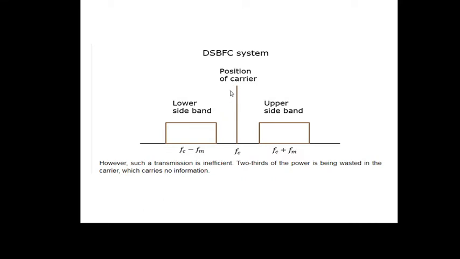So we can see the double sideband full carrier system. The center position consists of the carrier frequency, the lower sideband consists of FC minus FM, and the upper sideband consists of FC plus FM, where FC is the frequency of the carrier and FM is the frequency of the modulating signal. Such transmission is inefficient because two thirds of the power is invested in the carrier, which carries no information.